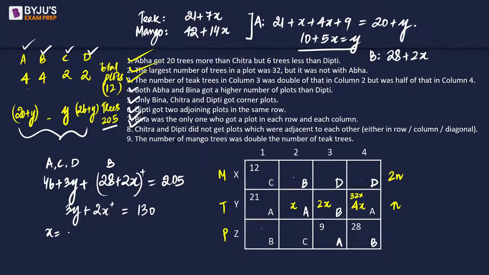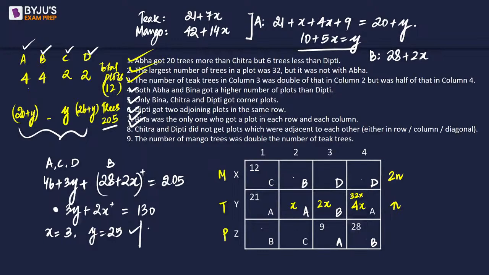So the minimum x I have to take is 3. If I take x equal to 3, y is going to be 25. If y is 25, this equation will make sense, right? 3y, that is 75, plus slightly more than 6 is within 130.